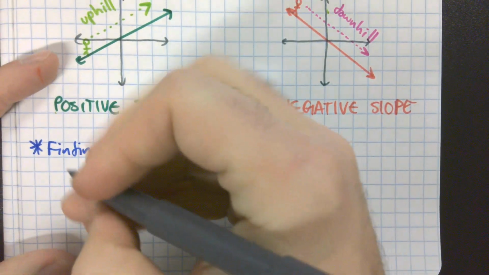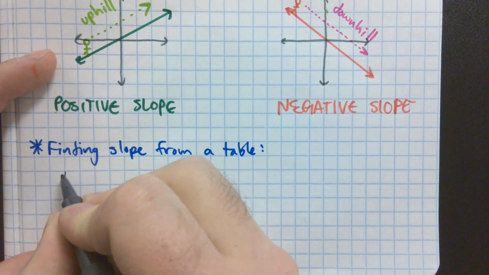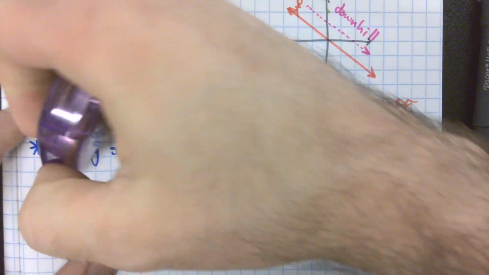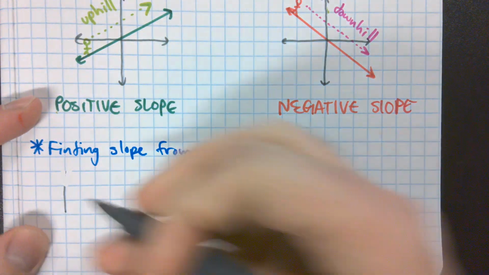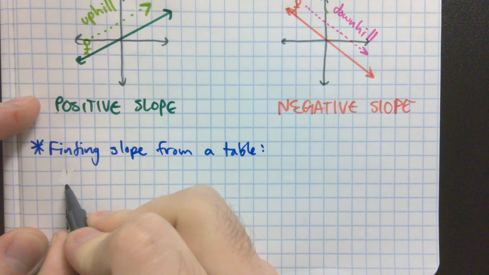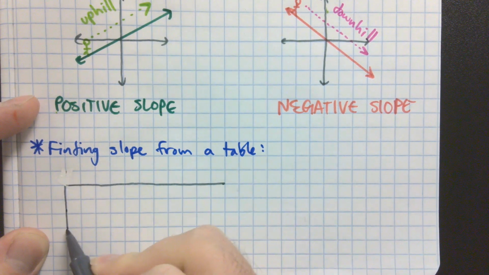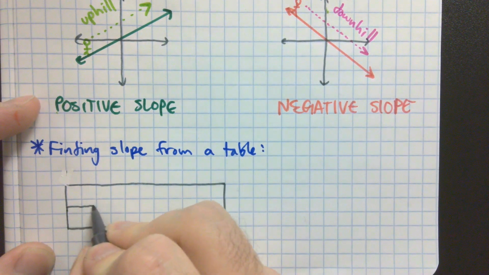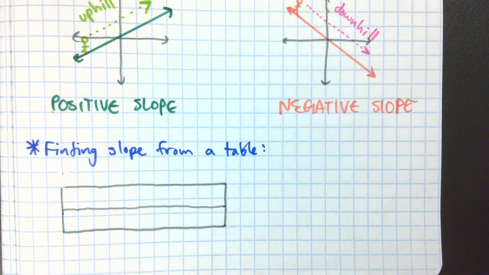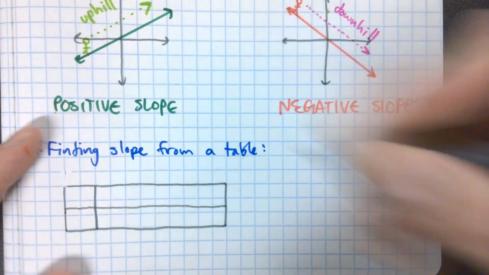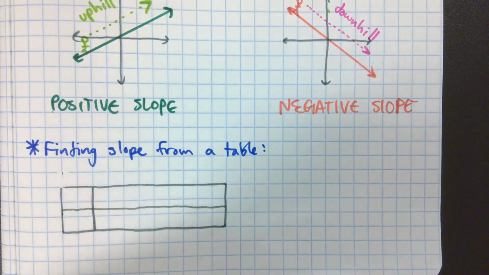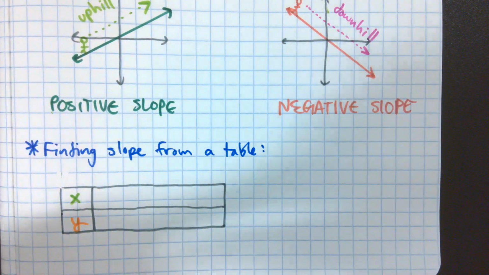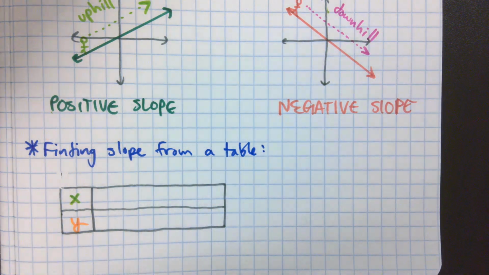So let's say we got a table of points. Let's do something like this. Need more space. Move this down.